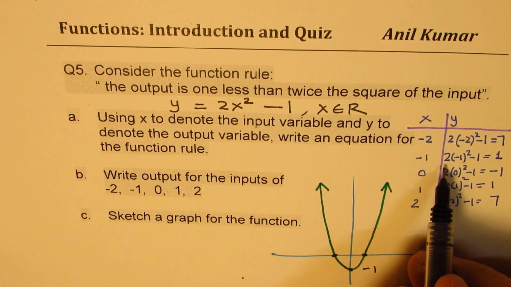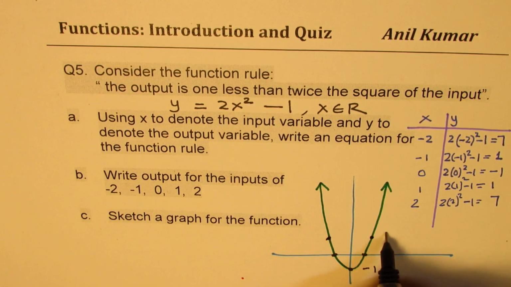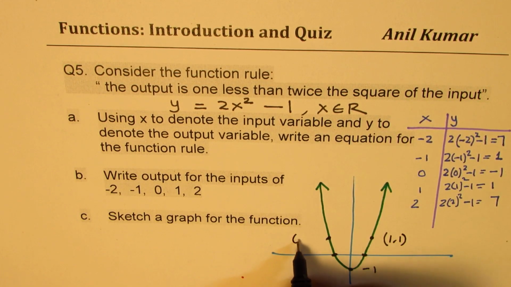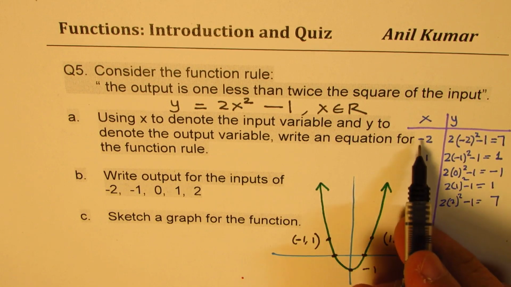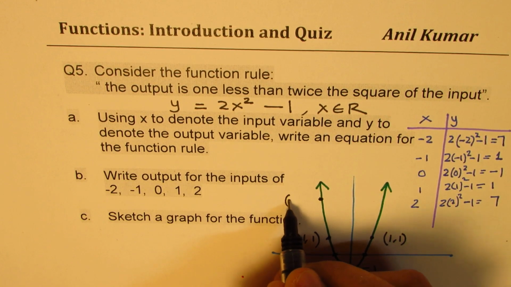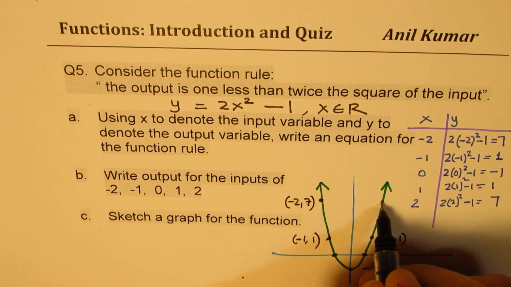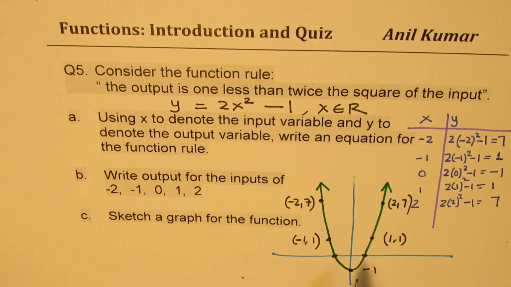At -1, the value is 1. So at 1 we have 1, and at -1 we have 1, right? So these 2 points, and at plus and -2 we have 7. So at -2 we have 7, and at +2 we have 7, correct? So you could always find the intercepts, okay? So that is how you could sketch the graph.